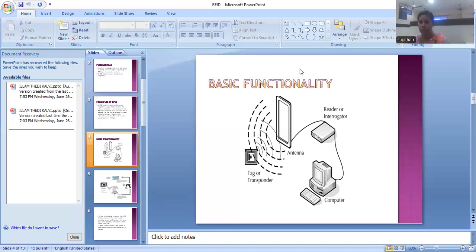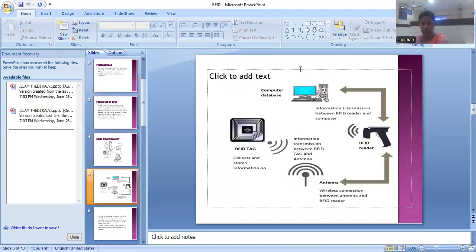A small chip is labeled in a card, and that label is exposed to radio waves. So RFID can have a small chip, and that label is used to transmit data when it is exposed to radio waves.